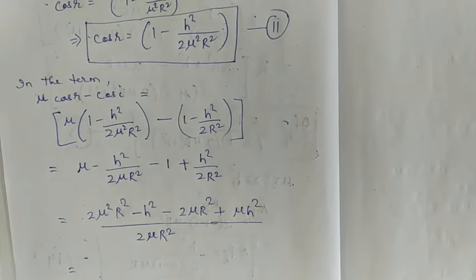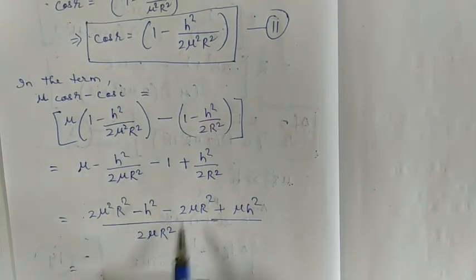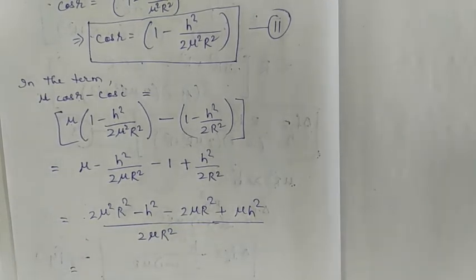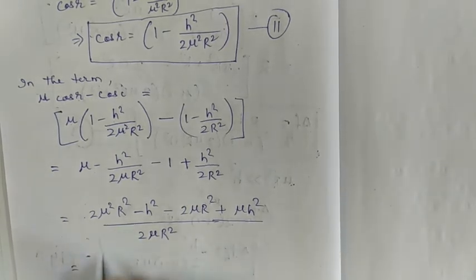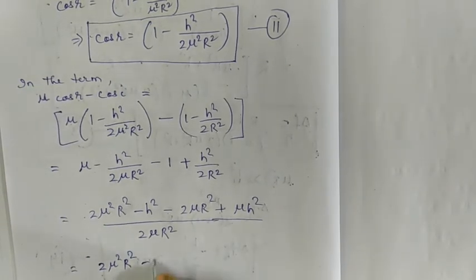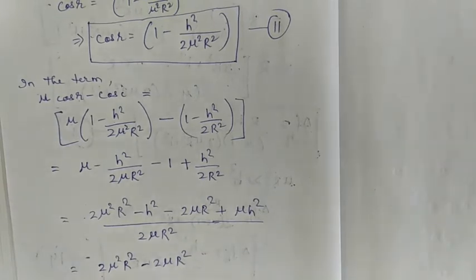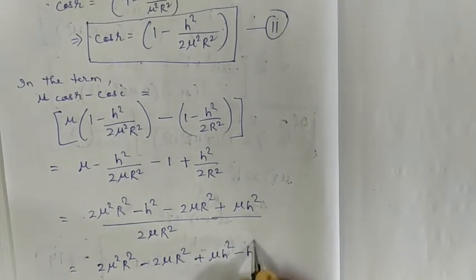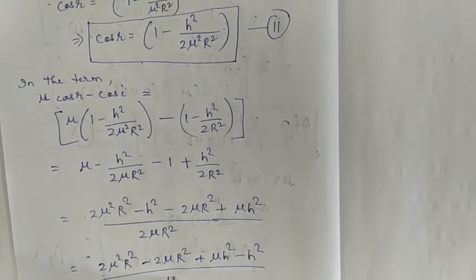So you have to consider the terms in such a way that you will get a common term, that is mu minus 1. So which term are we going to consider? Let's see. So that is your 2 mu square r square. I am considering this term. Then next minus 2 mu r square. Then next this is plus mu h square. Then minus h square, whole divided by 2 mu r square.